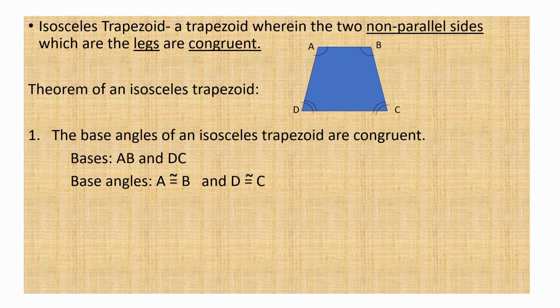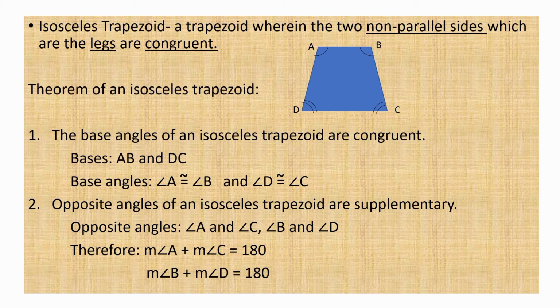So our base angles are angle A and angle B, angle D and angle C. Now, since it is stated in the theorem that base angles of an isosceles trapezoid are congruent, therefore we can say that angle A is congruent to angle B and angle D is congruent to angle C.